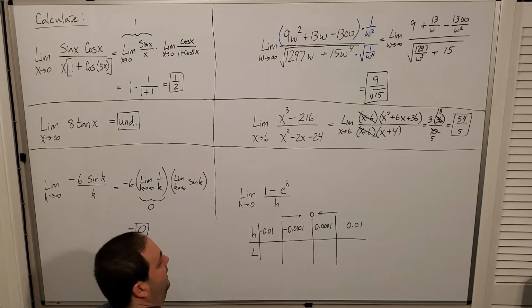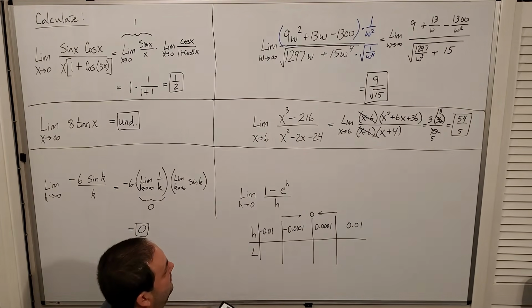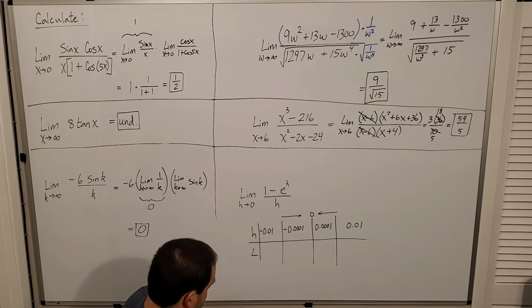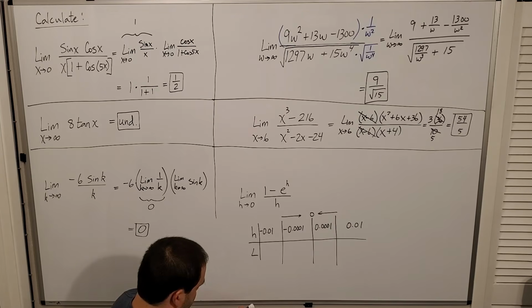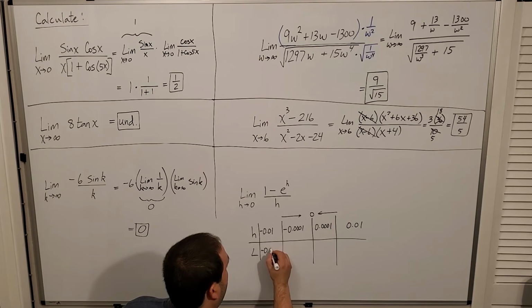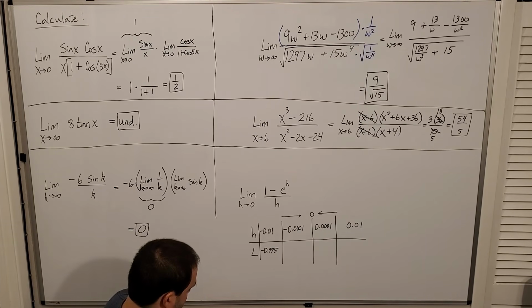So if I plug in negative 0.01 into this numerator here, that's 1 minus e to the negative 0.01. And I'm going to divide by negative 0.01. So I have negative 0.995.